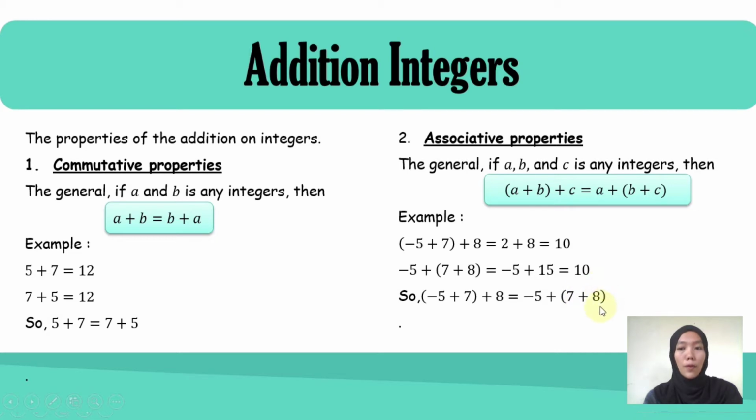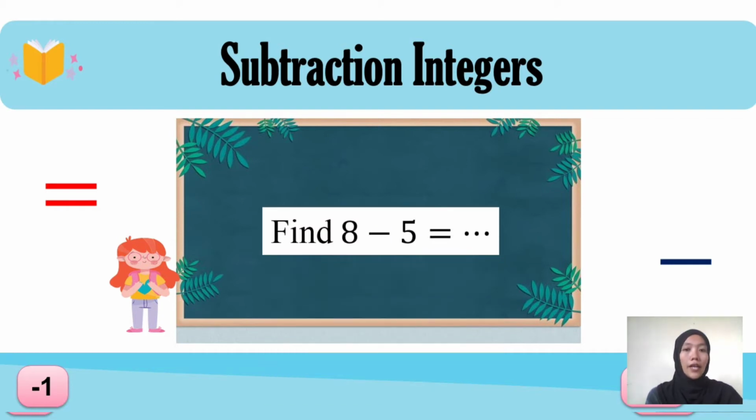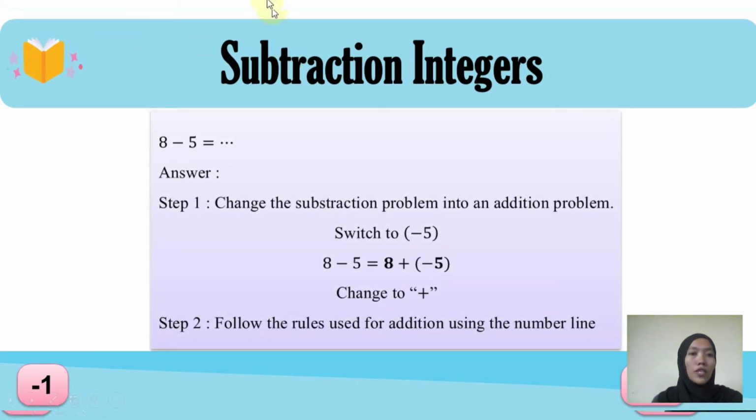The second integer operation is subtraction. Look at example 1. Find 8 minus 5. For the answer to this question, we start from step 1. In step 1, we change the subtraction problem into an addition problem. So, we get the addition problem 8 plus minus 5.